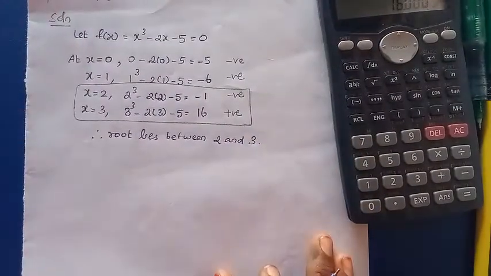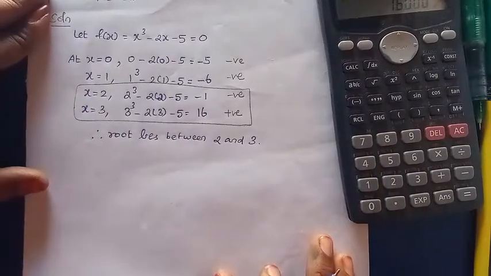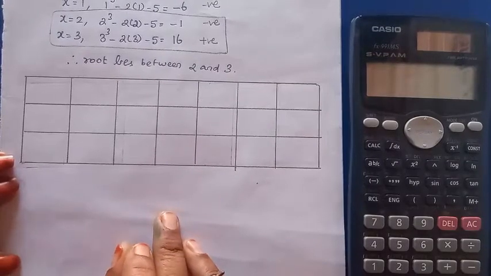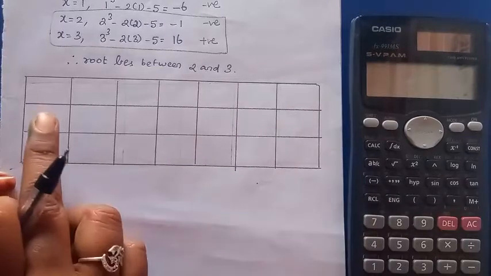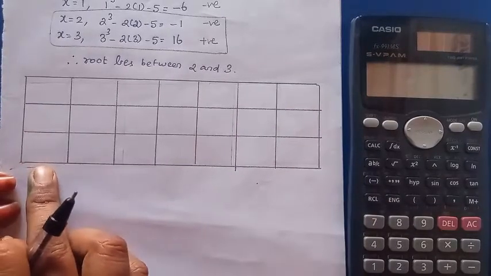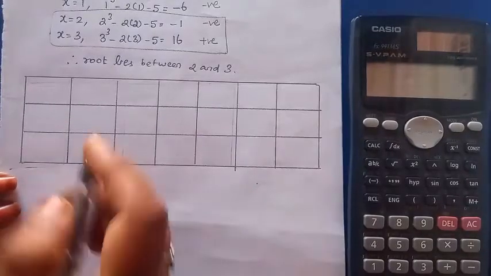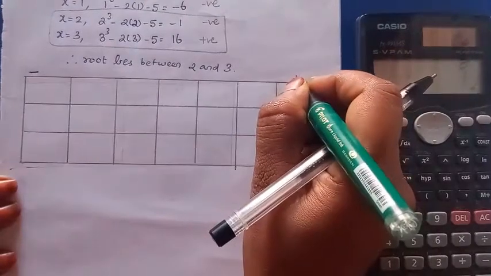Next you have to find out the approximated value with the formula of regula falsi method. Before finding the approximated value x1, let us draw a tabular column like this, mentioning the sign, value and the function value, which will be helpful for us to proceed further without any confusion. So this is minus and this is plus.